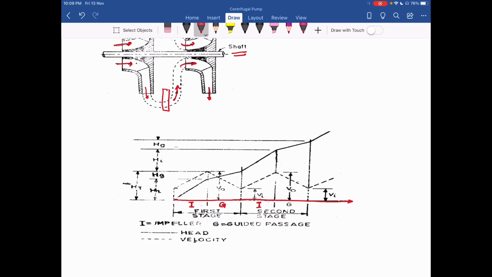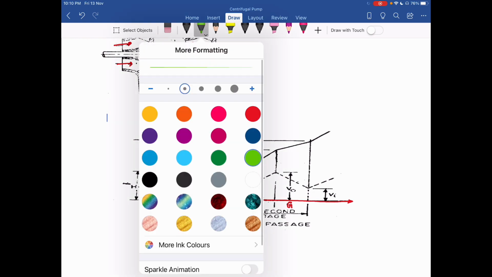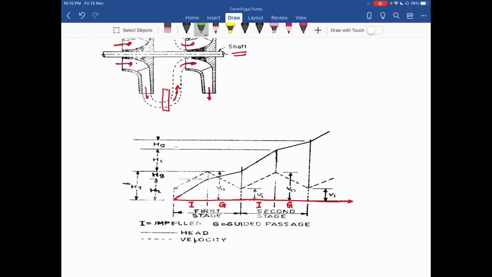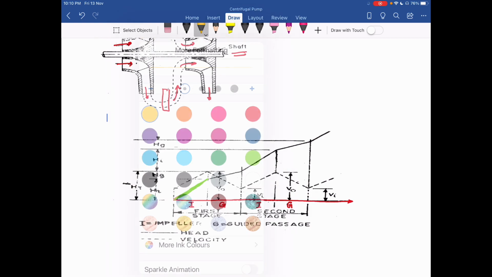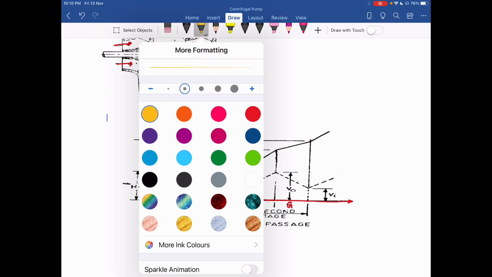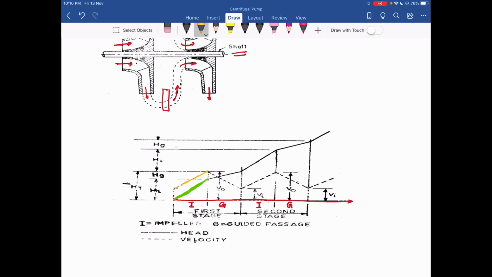So when water enters the first impeller, see here, when water enters the impeller, its pressure energy increases. Okay, that means its pressure head increases as well as kinetic energy or kinetic head increases.